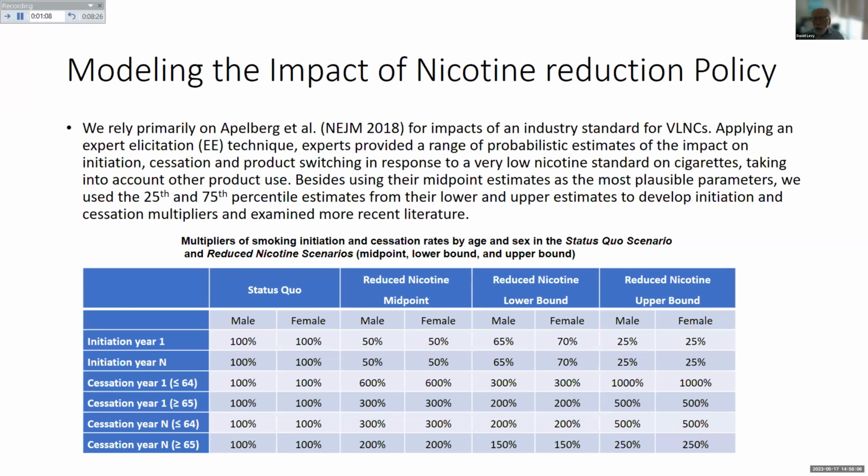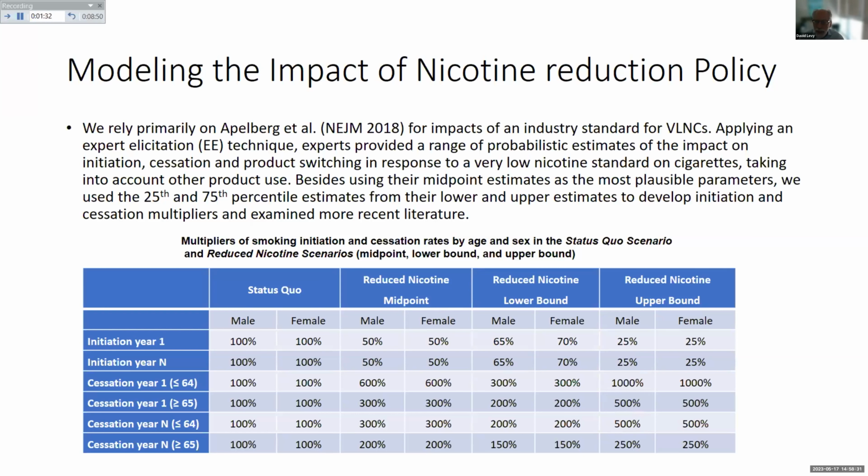What they got were the impact of a standard if it were to be adopted on initiation, cessation, and product switching. And it was taking into account, and this is an important qualification which I'll come back to later, other product use. In other words, switching to other products.